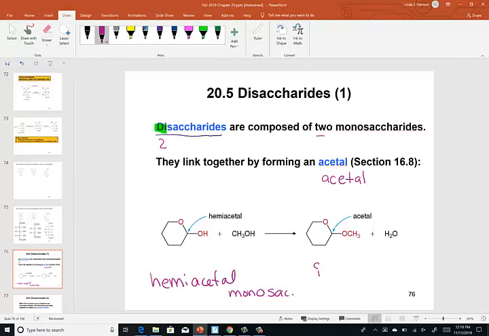If we had a 6-carbon chain with an aldehyde at the end, we reached up from an alcohol to create that cyclic structure, a 6-membered ring, with a carbon 1 unit that would reach up in an alpha or a beta position. This was known as a hemiacetal linkage.